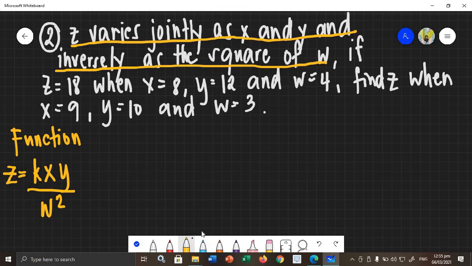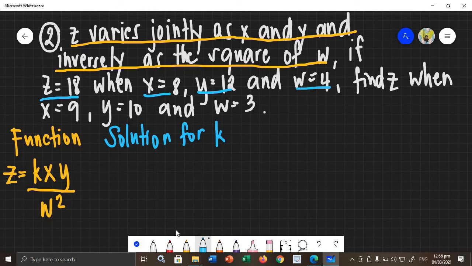And as you can see here, in our problem, walang given yung constant of variation. So we need to first look for the value of k. No? Using the first given of z, x, y, and w. So to solve the value of k, we will be using the function here. So yung z natin is equal to 18. K is what is missing, no? X natin is 8.